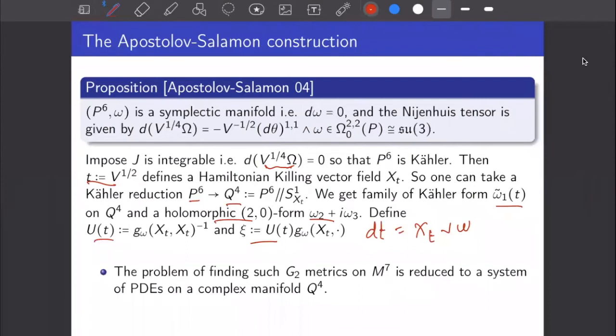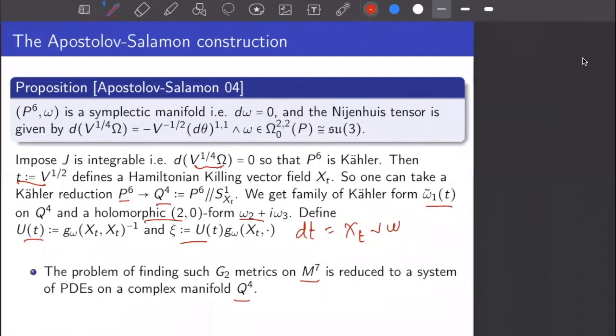Now, all this data is going to be invariant under this Hamiltonian Killing vector field, so it's going to define data on our 4-manifold. In other words, the problem of finding a G2 metric on our 7-manifold can actually be rephrased as a system of PDEs purely in terms of the 4-manifold Q4 here, which is a complex manifold.